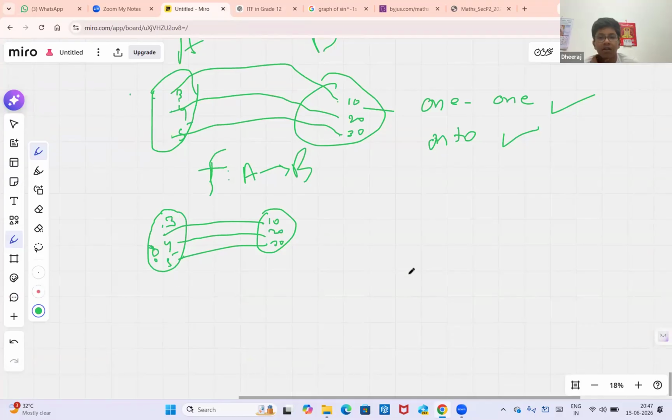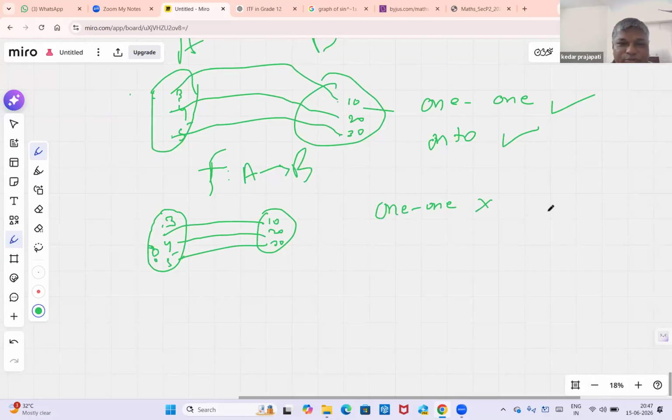How is it 1, 1? See, 3 has an image, 4 has an image, 5 has an image. But this element is not having any image. Correct? So it is not 1, 1 itself.